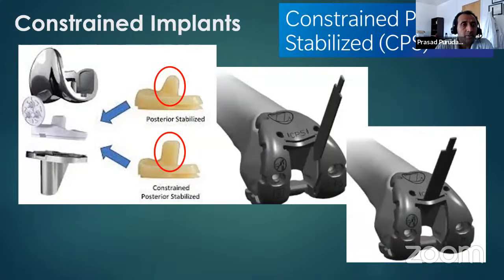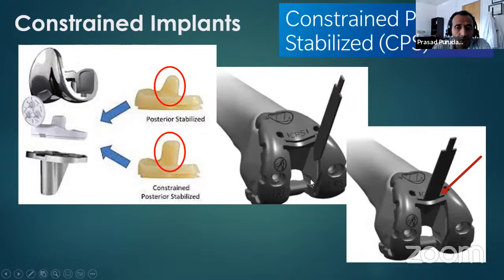Just some information about the constrained implant. This is something called a constrained posterior stabilized implant. It's the same PS femoral component. The only difference is the notch is a little deeper. This is where we make the cut so that the notch is a little deeper, and the post is thicker and longer than a standard PS knee.